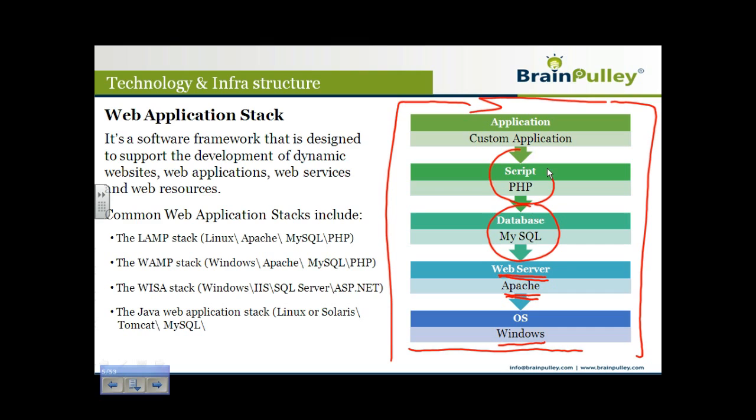Above that, there will be a scripting engine. A scripting engine is something where we write some logic which defines how to read, when to read, how to restrict, and all those kinds of things. For writing that, we need a language which the server understands. Whatever we have learned until now, HTML and CSS, is all about what the browser understands.